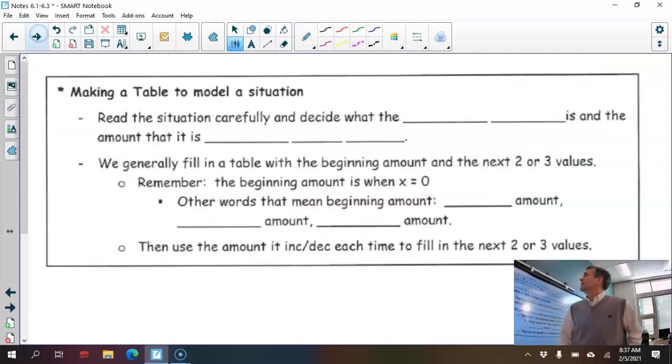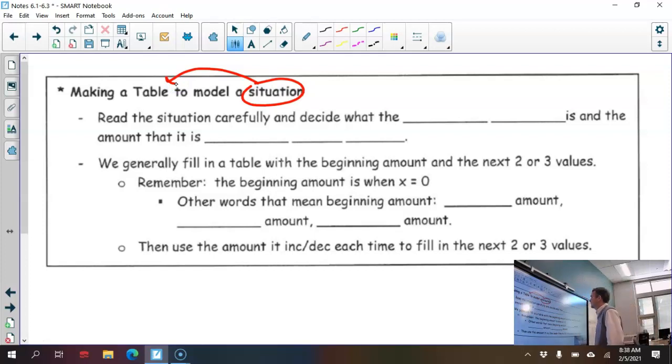All right. So let's look at what we're going to do today then. We're going to make a table to model a situation. All right, so we're going to start with a situation and make a table for it. And here are some helpful hints, I believe.